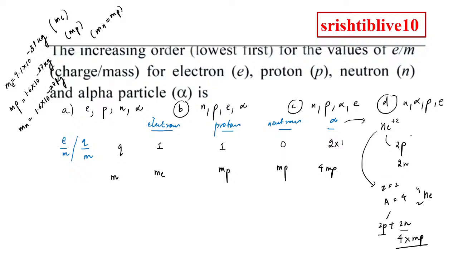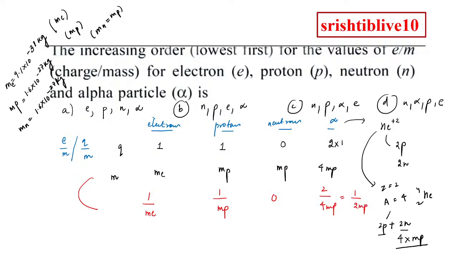This is how we can do the calculations. It's 2 protons plus 2 neutrons, and since the mass of proton and neutron is similar, we can substitute the values. So what can I write now? Very simple. The charge upon mass ratio is going to be 1 by Me for the electron, 1 by Mp for the proton, 0 for the neutron, because 0 upon Mp is 0, and 2 by 4 Mp for the alpha particle, which is equal to 1 by 2 Mp.